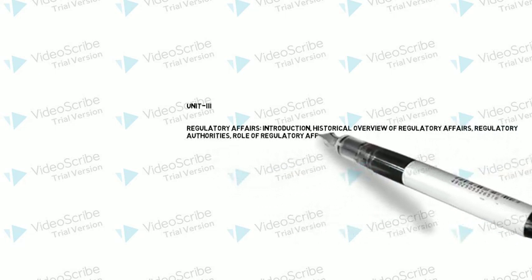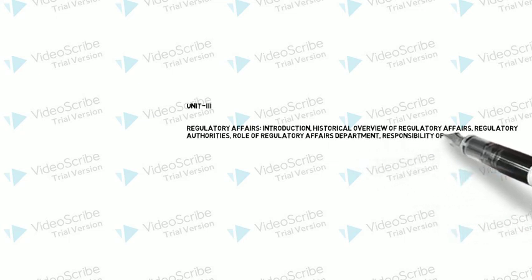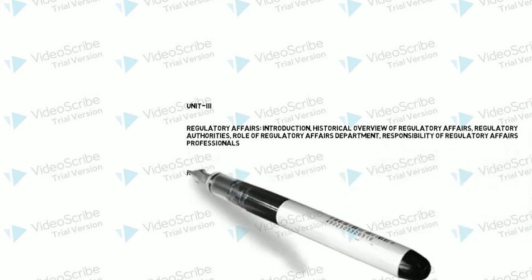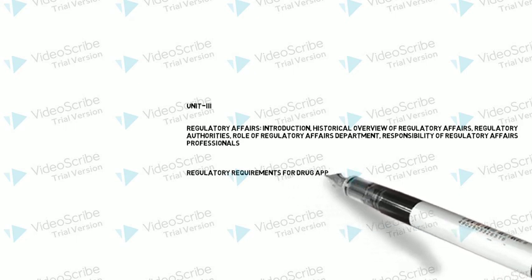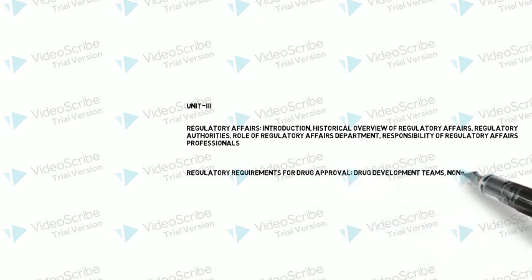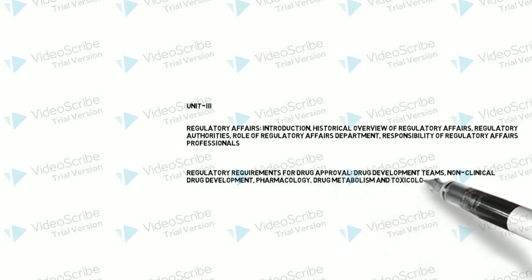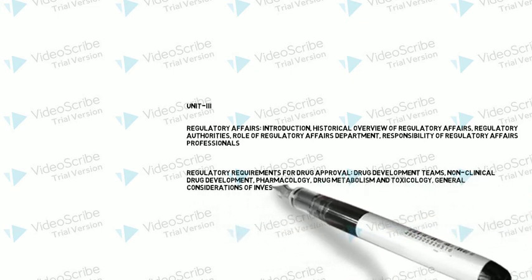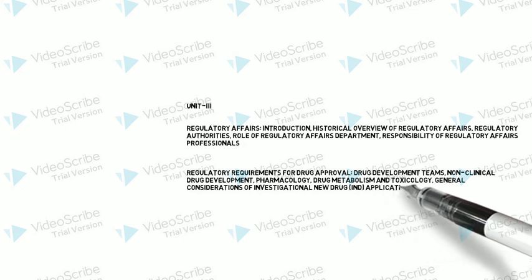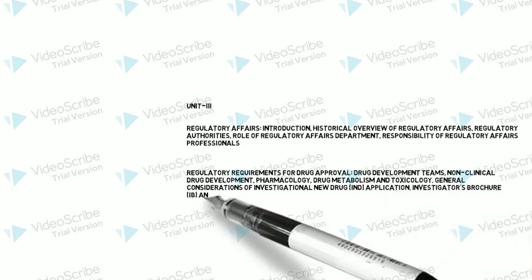Then you will come to know about regulatory affairs. In unit third, you will learn what regulatory affairs is, how it is working nowadays in the pharmaceutical industry, and how it is useful and utilizing its power in the pharmaceutical industry.